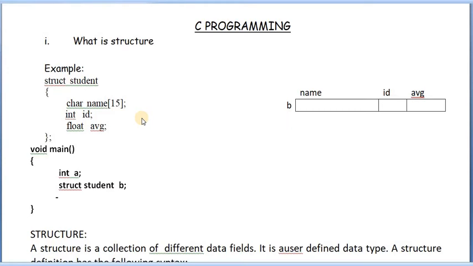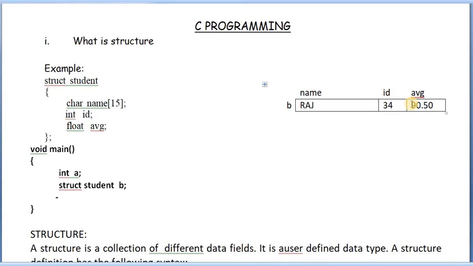In the actual definition, we can store a name here, any name. Here id, one integer. Here we can store any float value. The actual structure definition is: a structure is a collection of fields with different data types, and it is defined by the user.